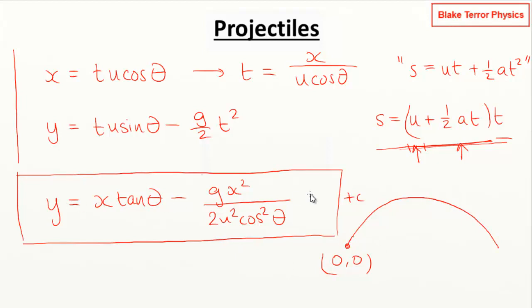One advantage of this is if you've got problems where they're giving you coordinates that points are passing through. If they've given us u and theta, so we know our initial speed and angle, then this gives us a way of working out pairs of coordinates that the projectile is passing through.